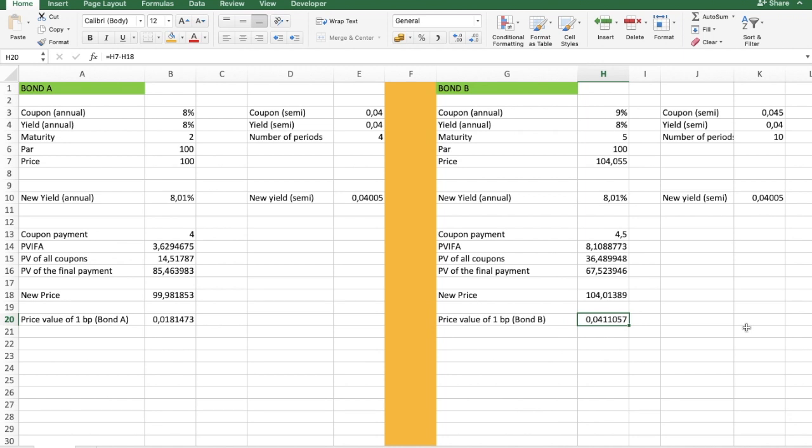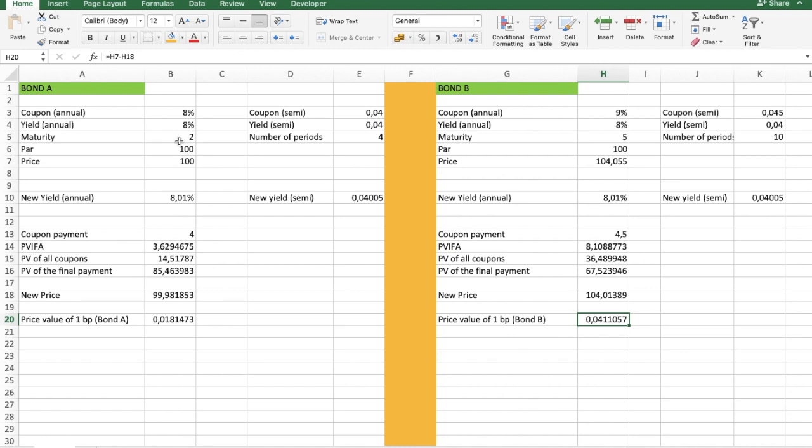As we can clearly see here, bond B presents a higher volatility compared to bond A, because for the same change of 1 basis point, bond B experiences a change in its price more than 3 times that of bond A. This is understandable because bond B presents a higher coupon rate and also a longer maturity compared to A. Remember what we have learned during this chapter, that a bond's price volatility is conditioned, among other factors, by the coupon rate and the maturity of a bond.